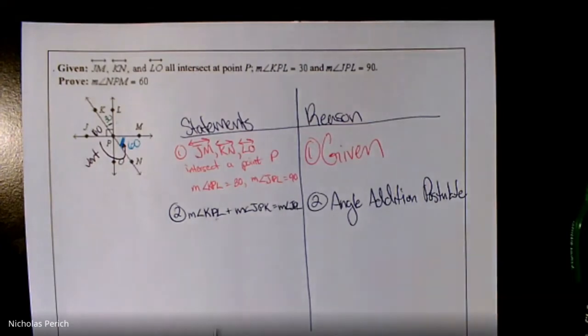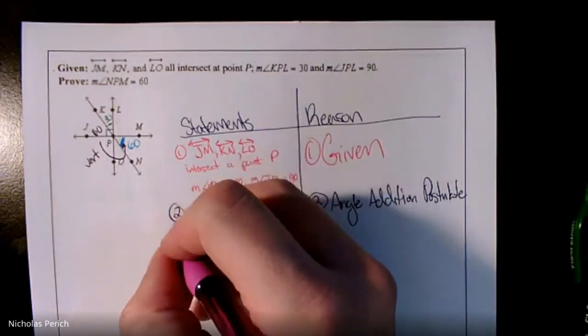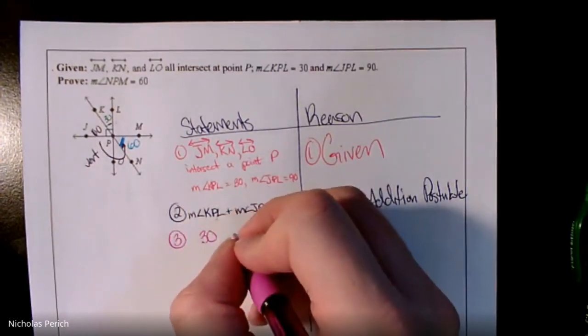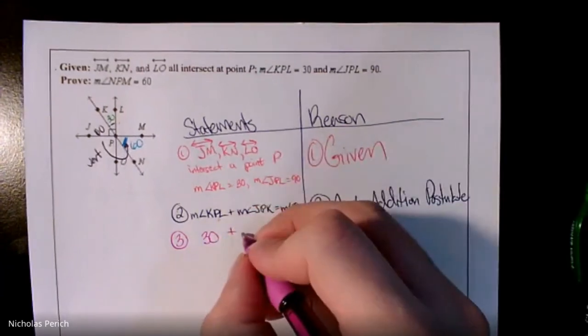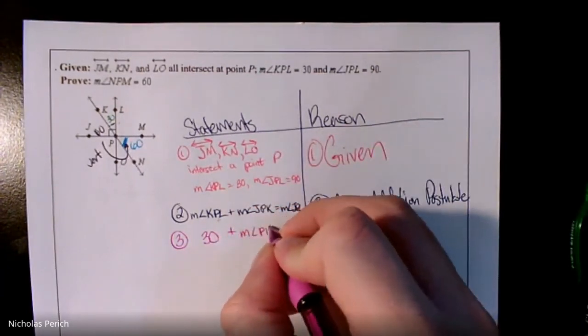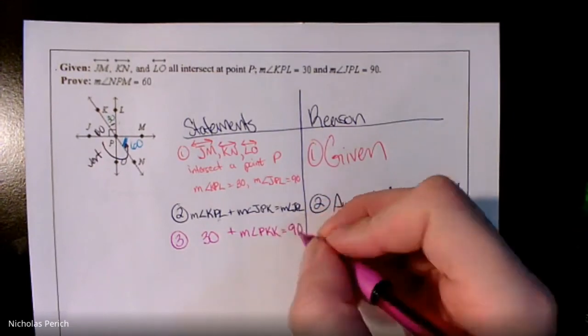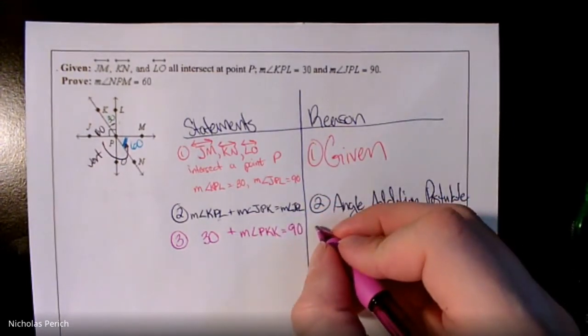Do I know anything here? I sure do. I know that KPL is 30. Do I know anything else? Sure. I know that JPL is 90. How did I turn those into numbers?